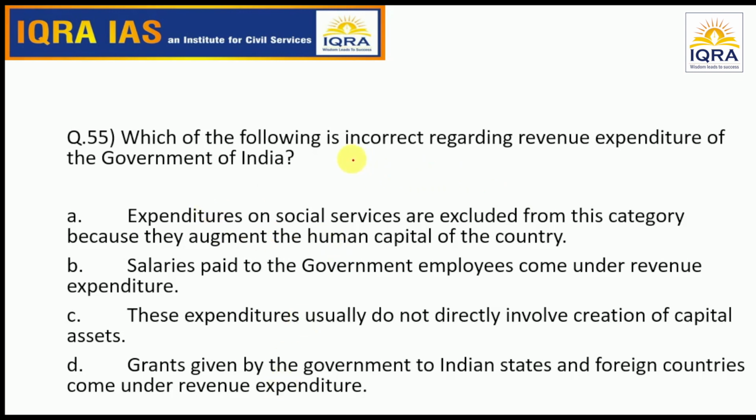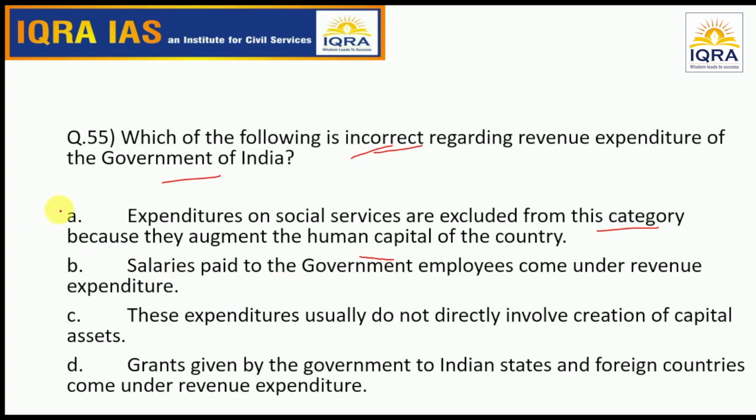Moving on to question number 55. Which of the following is incorrect regarding revenue expenditure of Government of India? Expenditures on social services are excluded from this category because they augment the human capital of the country. No. Salaries paid to the government employees come under revenue expenditure. Yes, these expenditures usually do not directly involve creation of capital assets. Yes, grants given by the government to the Indian states and foreign countries come under revenue expenditure.